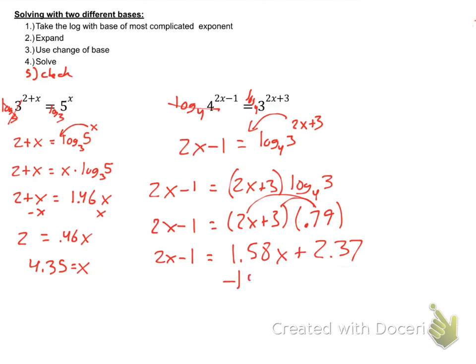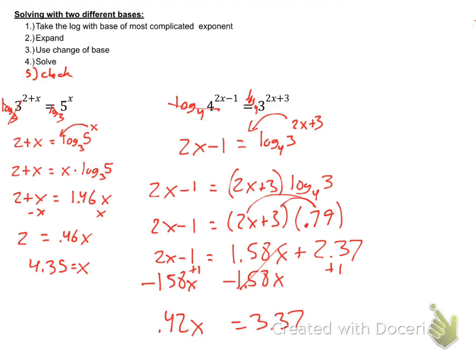Again, now it's actually a little bit easier. Now that we've got them all situated, I'm going to subtract 1.58x from both sides. So 2 minus 1.58 is 0.42x, and these are gone. Then I'm going to add 1, so it equals 3.37.